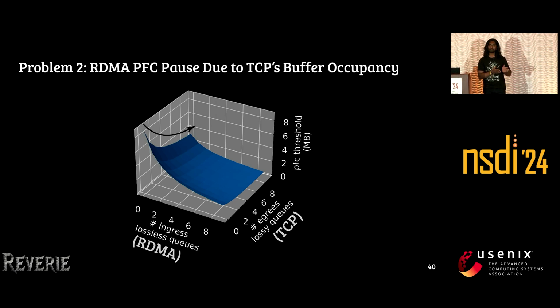A PFC pause gets triggered because of TCP's occupancy. Remember, PFC pause was the control signal for RDMA. So here we are looking at the number of RDMA queues on the X-axis, number of TCP queues on the Y-axis. On the Z-axis, we are looking at the PFC thresholds. As TCP queues consume more and more buffer, RDMA's PFC pause threshold gets drastically affected.